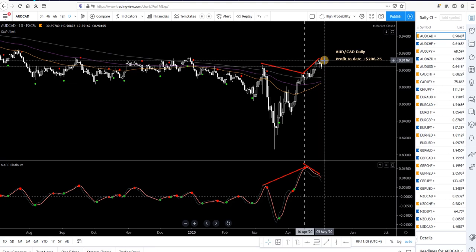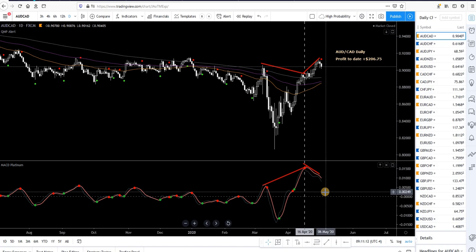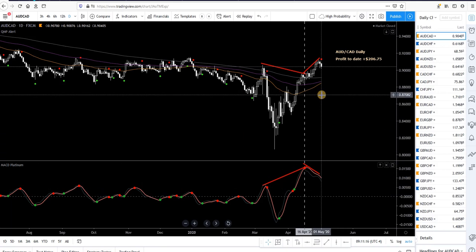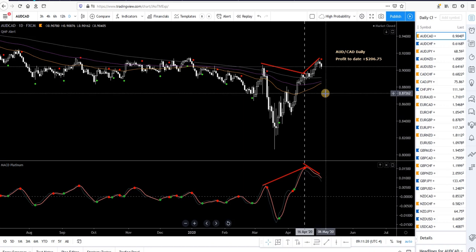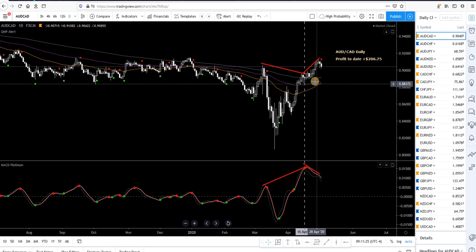See this red dot on the QMP filter? If this was on MT4 or MT5, those dots wouldn't appear because on TradingView the candle is closed, or the market's closed. It's the Friday, so it's closed. There's a new signal coming on Monday. It's a sell signal.